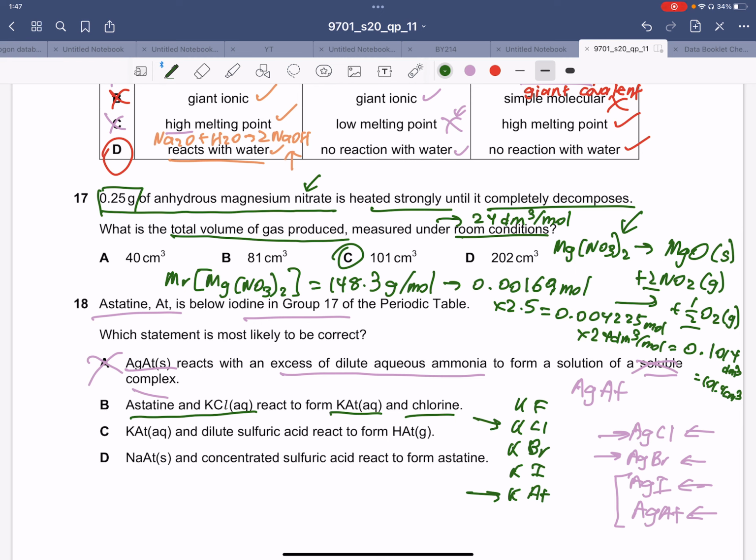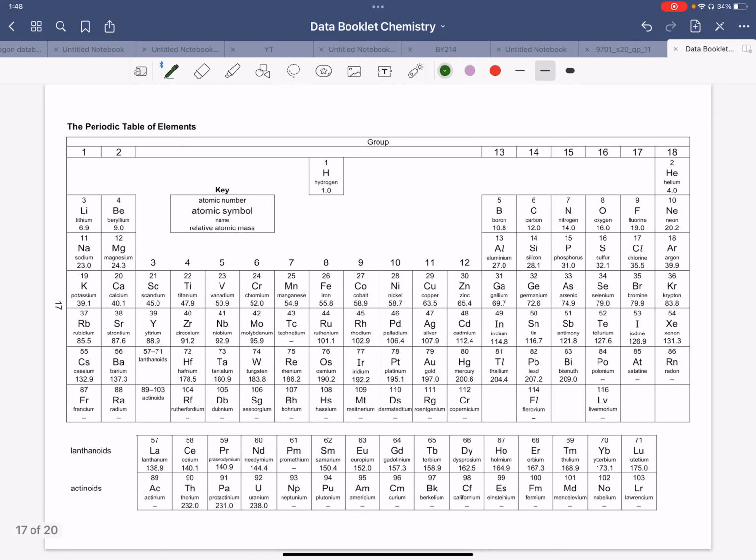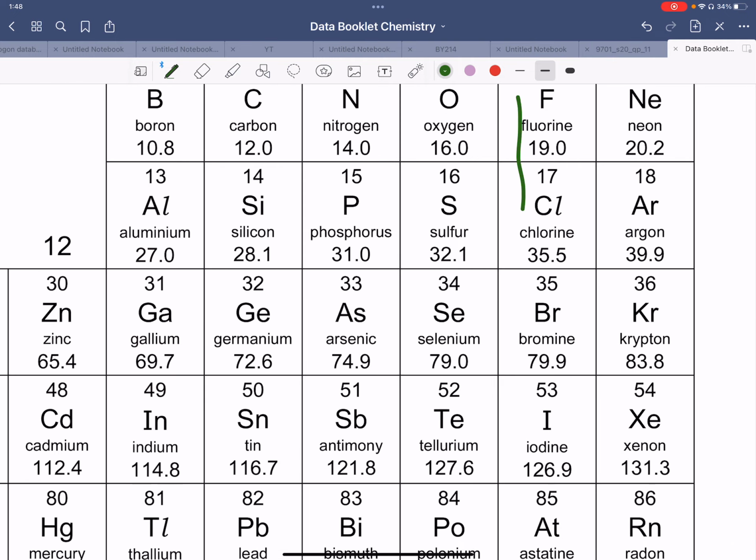So in this case, KCl won't be substituted by astatine because At is below Cl in terms of the group. You can see that by looking at the table here. As you go down the group, they are more easily substituted.